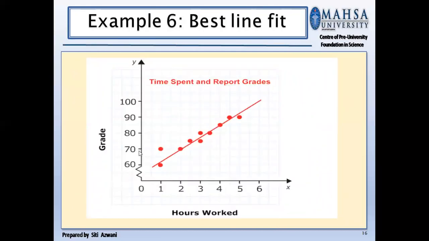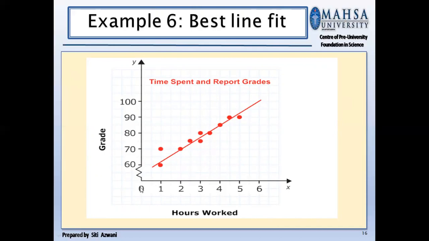Example here: for the y axis, the scale does not start from 0 but from the nearest number, which is 60. So you need to put a zigzag here to show that you start from the nearest number, not 0, on the y-axis.